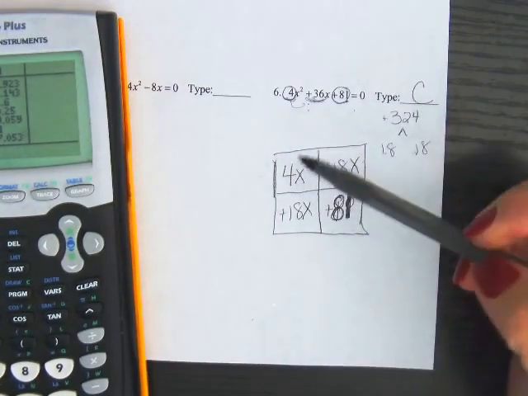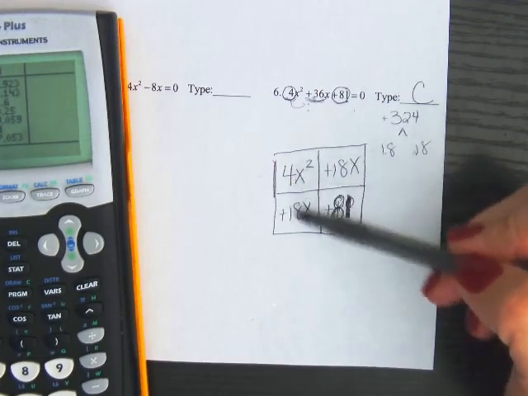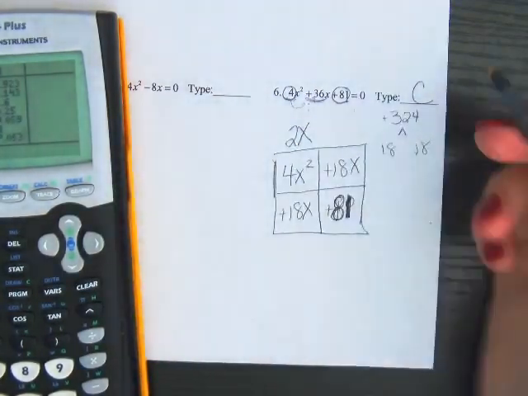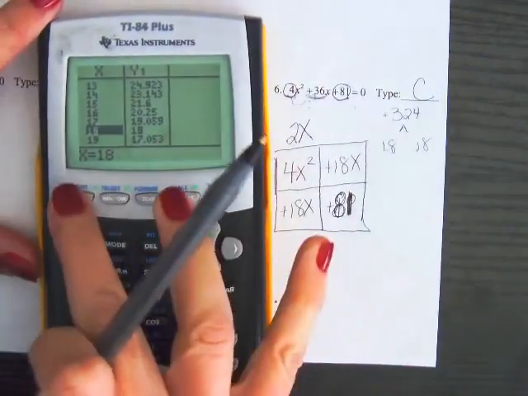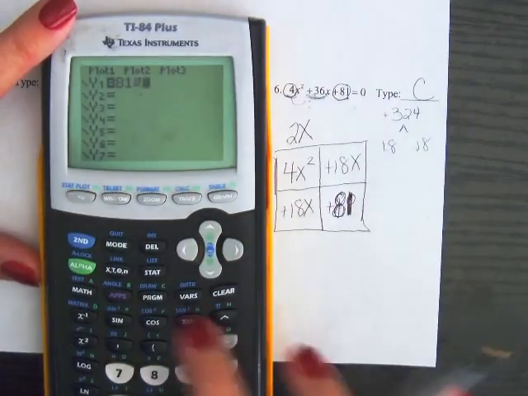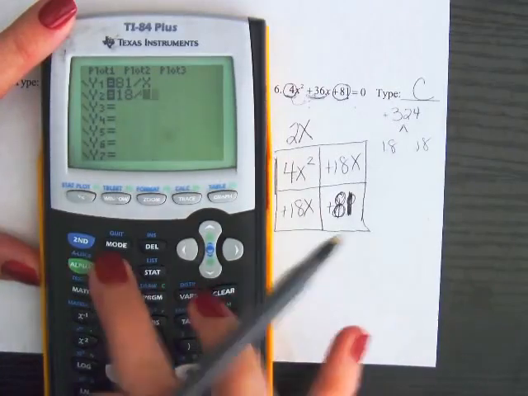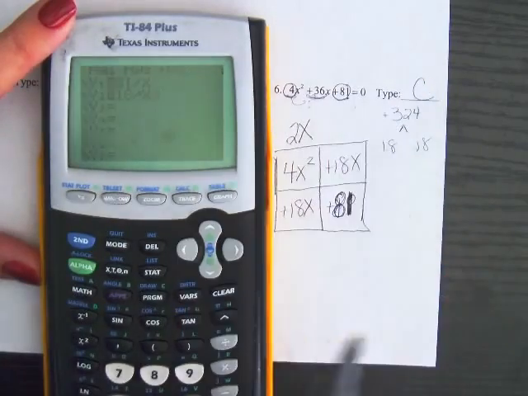Now the whole point of reverse box is that we're going to take out the GCF from each column and each row. So on this side, I can take out an x from each, but I can also divide each of these terms by 2. So 2x is my GCF here. My GCF between 18 and 81, I'm not really sure, so I'm going to use that foolproof method. 81 divided by x, 18 divided by x, put in my two numbers, and I go to my table.